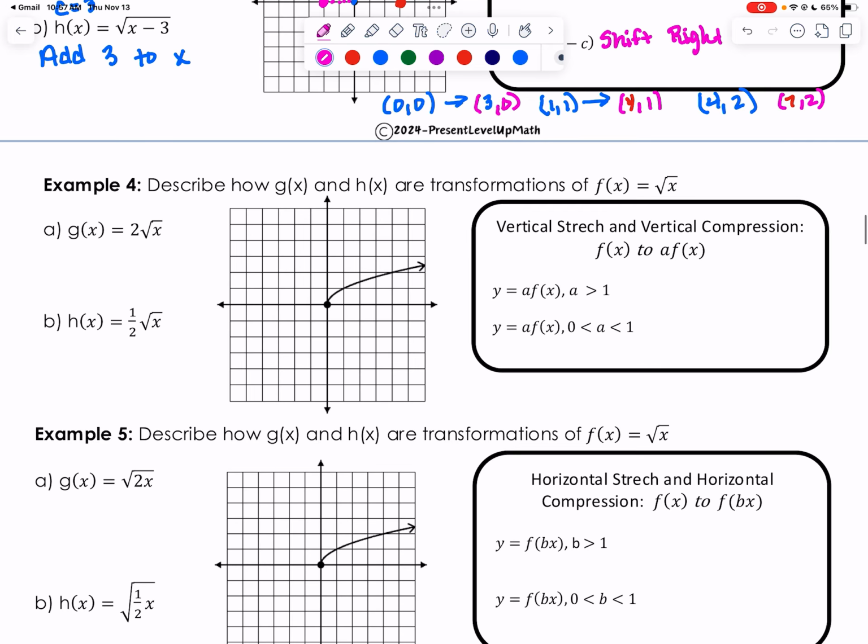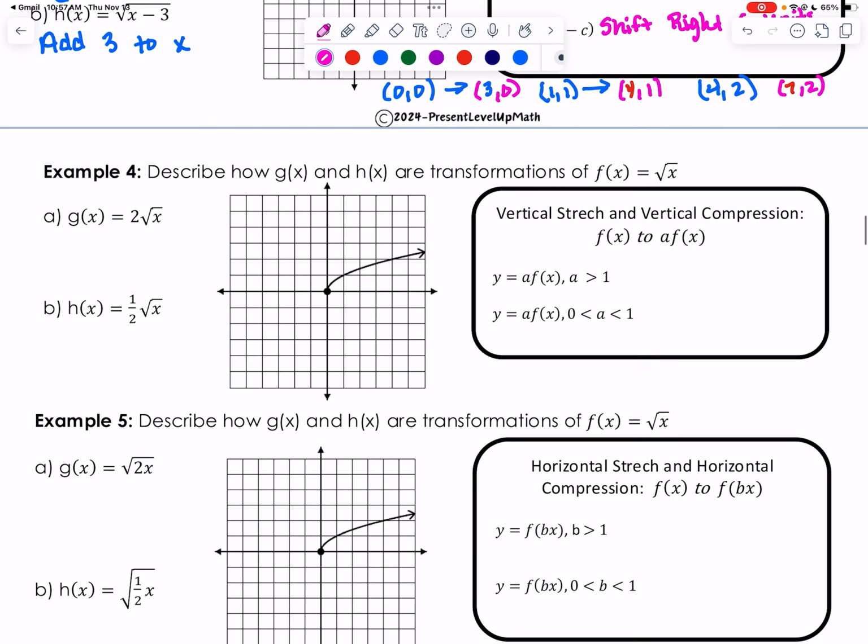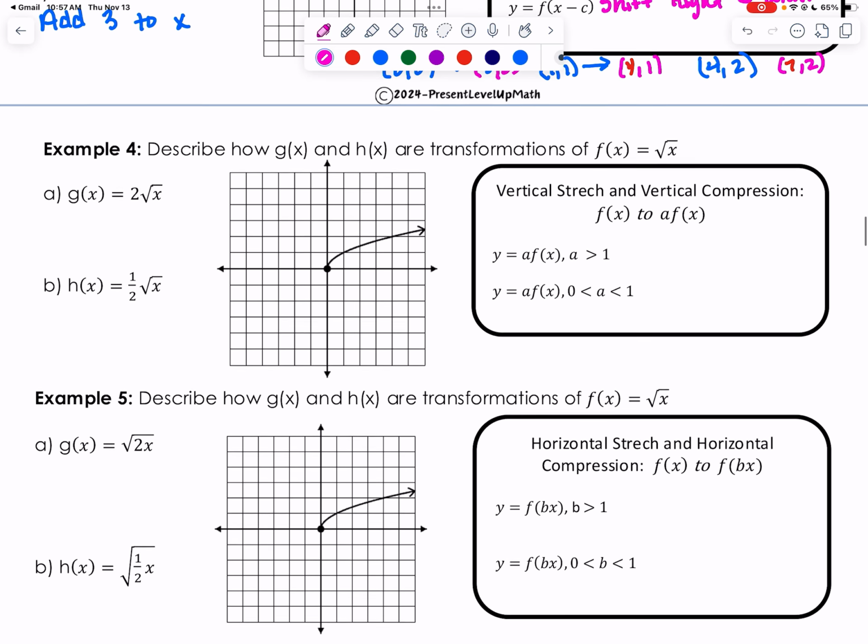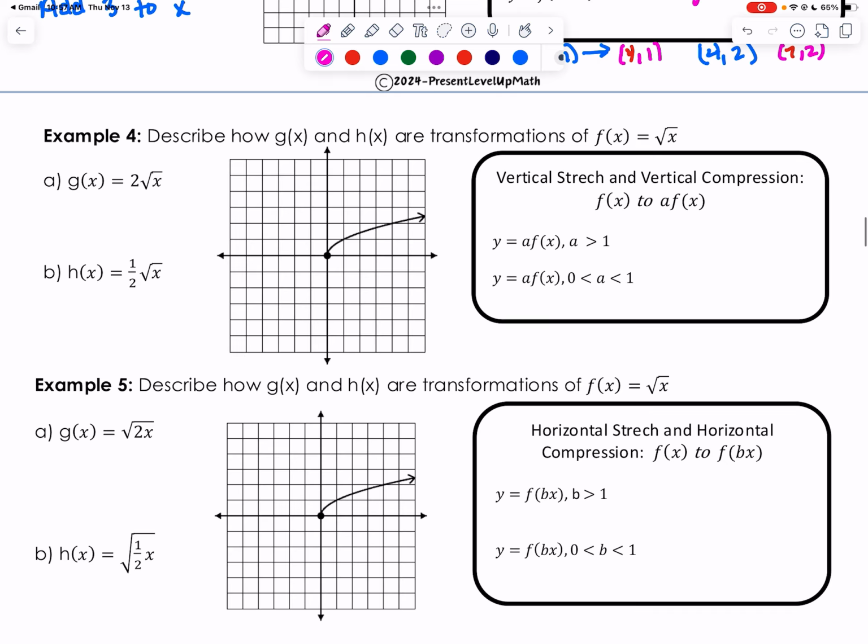Describe how g of x and h of x are transformations of f of x equals the square root of x. In problem A, we have g of x equals 2 times the square root of x. So in this problem, the a value is 2. So we're going to multiply the y's by 2. So let's see, our critical points are 0, 0, 1, 1, and 4, 2.